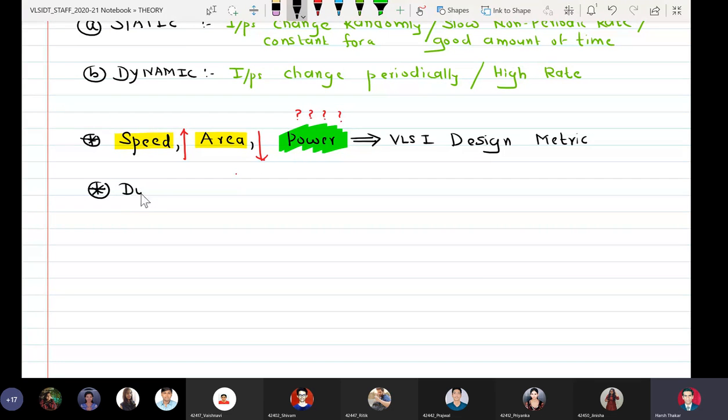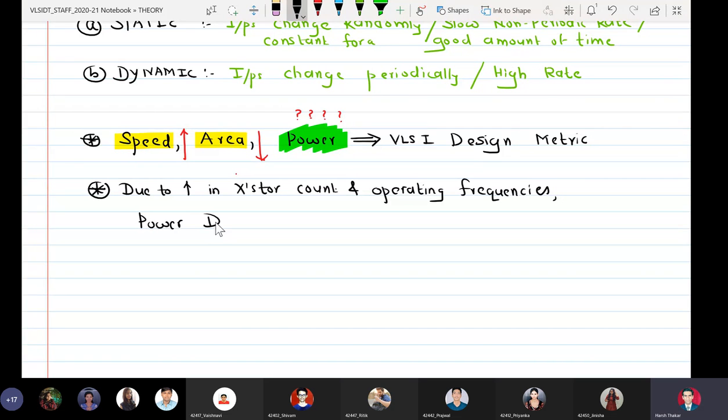So we can say, due to increase in transistor count and operating frequencies, the power dissipation has not just increased, it has skyrocketed. This is the right word. It has increased like anything.